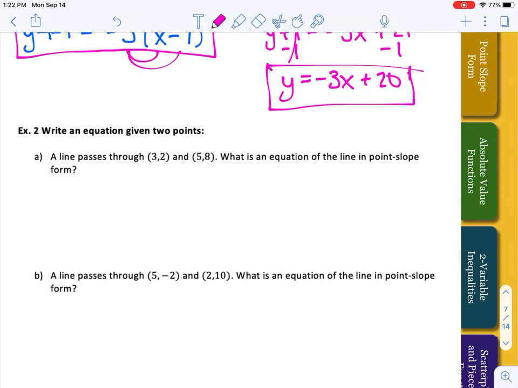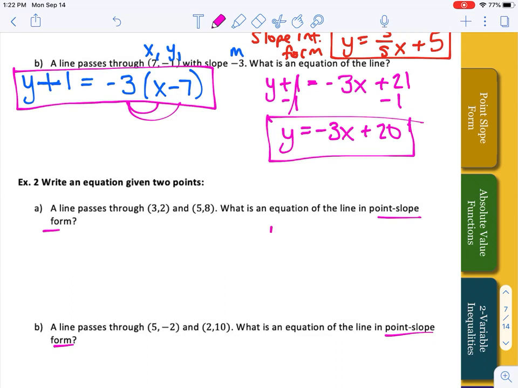Now to write an equation given two points, this time we are just given the points and no slope. But we can find our slope, and we want to write this in point slope form specifically for both of these problems. So to find the slope, we have our equation: y2 minus y1 over x2 minus x1.